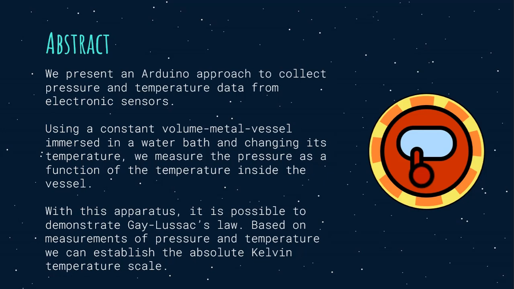So we know that they're using a gas inside a constant volume metal vessel, and we know that gases are affected by quantities such as pressure, temperature, and volume, and also its number of moles. So with this, they try to utilize a specific gas law, which we will study in the next slide.